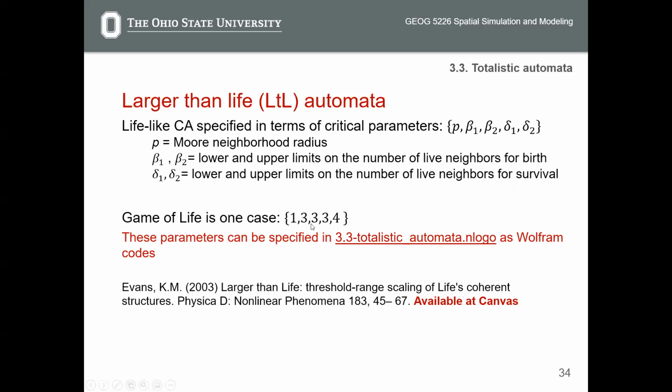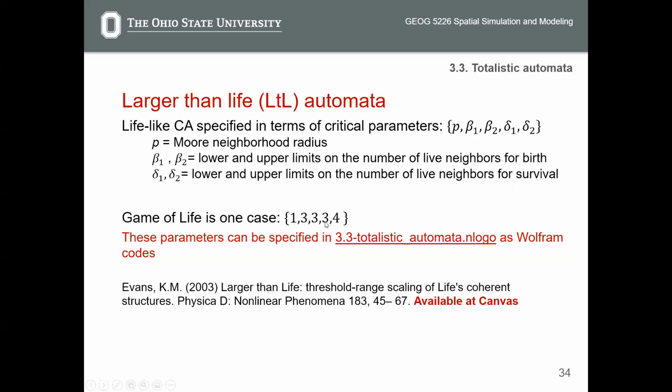It's only 3, no other possible values. And the lower and upper limits on the number of live neighbors for survival are 3 and 4. Cannot be too many live neighbors, cannot be too few live neighbors, if the central cell wants to survive after the next tick.